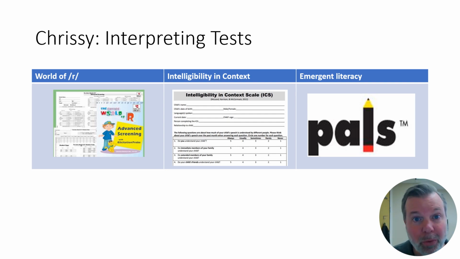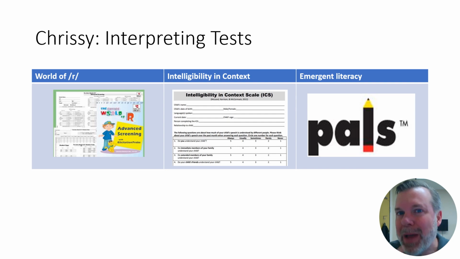With this example of Chrissy, I'll give what I think I might see with her. With the World of R, I may get really rich data on the medial and final positions where we're really seeing her have difficulty, more at the sentence and discourse level, less at the word and phrase level.